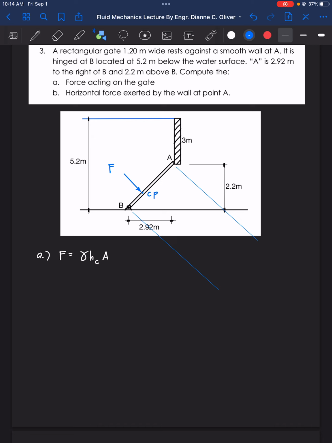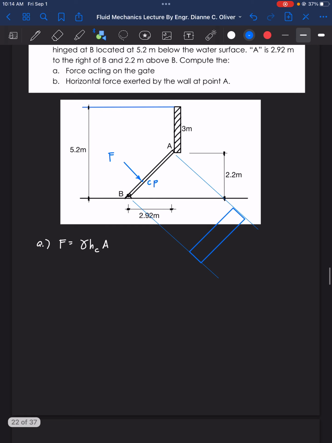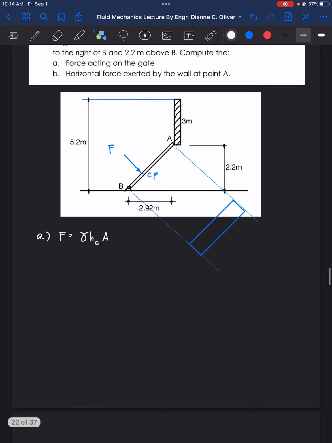So this is the gate that is being mentioned. We need to find the length, and that is by Pythagorean theorem.